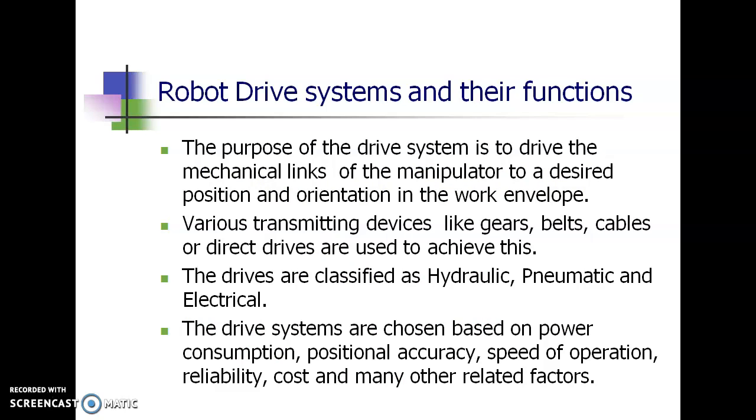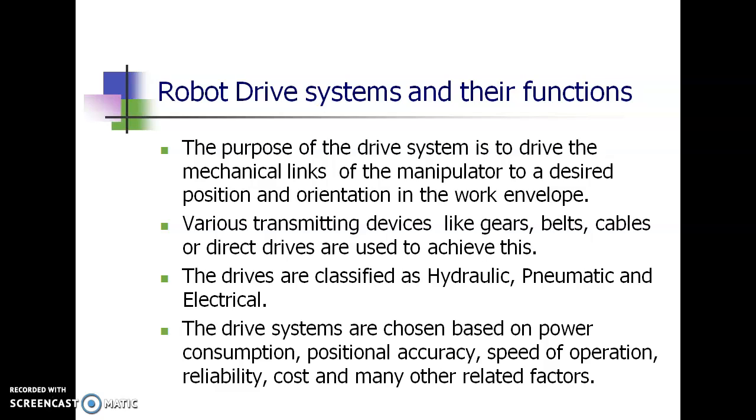Robot drive systems and their functions. In the previous videos we already discussed that a robot is a linked arm, and the links are connected together by means of joints.